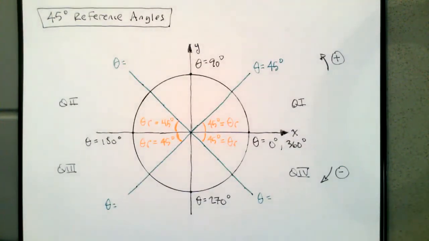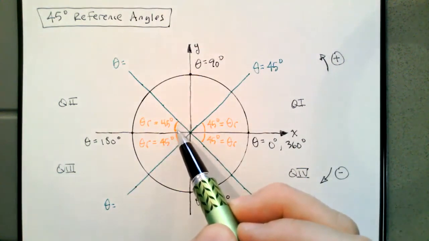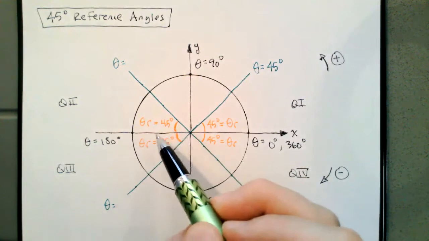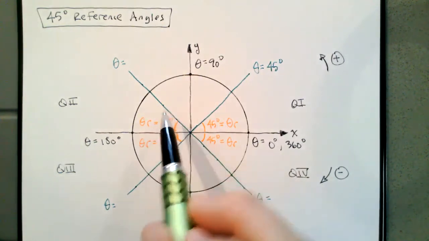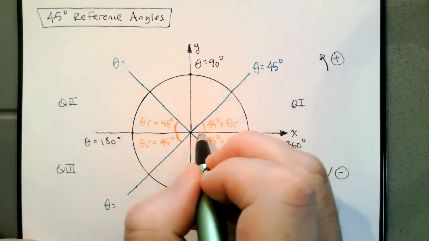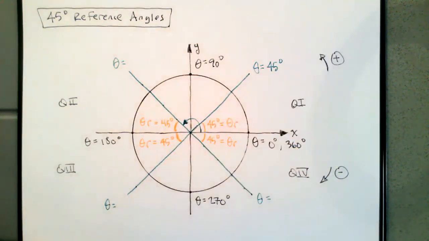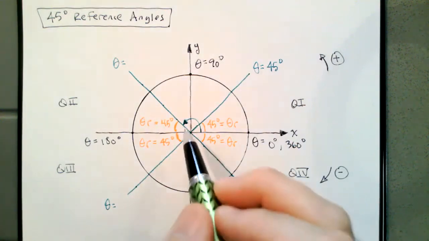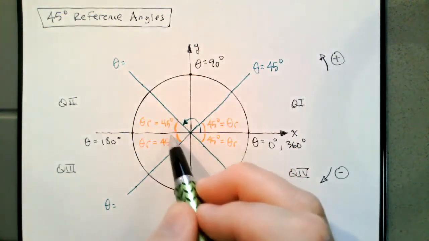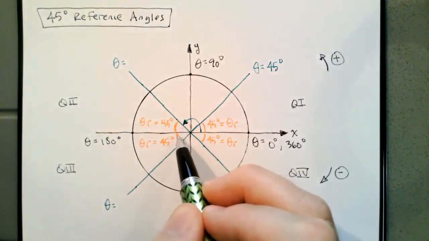In the second quadrant, we have a 45-degree angle between the negative x-axis and the terminal side of theta. Remember, theta is measured starting at the positive x-axis and going counterclockwise. So that's where we would label the angle theta. It's 45 more degrees to get to the negative x-axis.